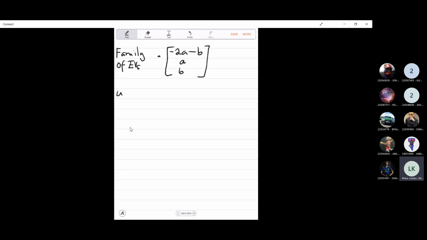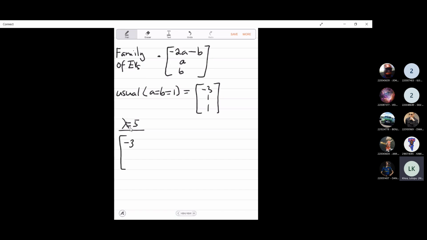And then the usual one, this is where a and b are both equal to 1. So this one will look like minus 2 minus 1. This is minus 3, 1, 1. That's it.